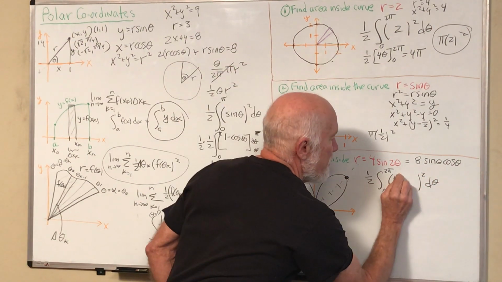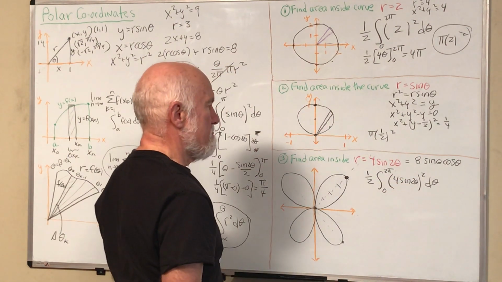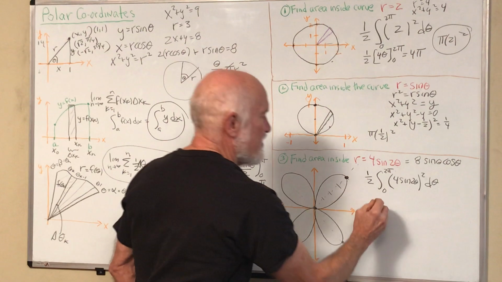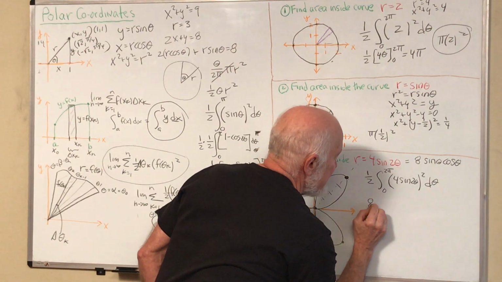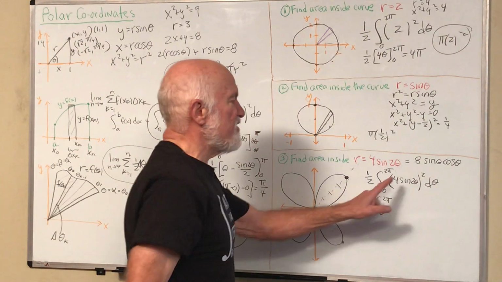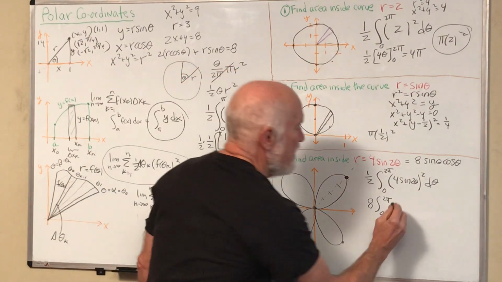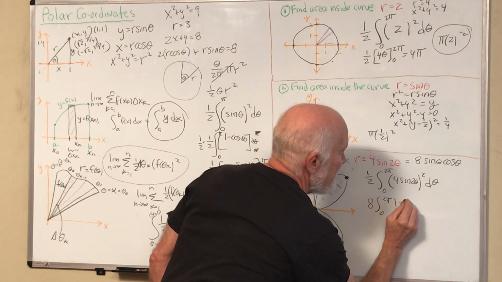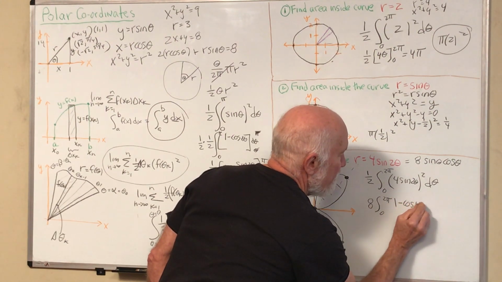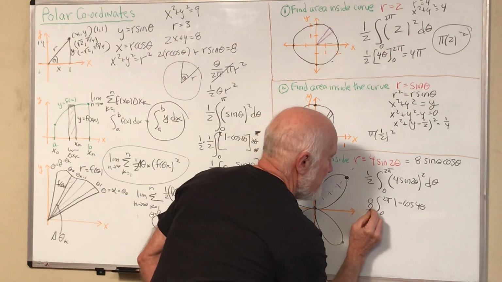So we have 4 sine of 2 theta. So 4 squared is 16, so you have 8. And you have sine squared. So similar, again, we have to go 1 minus the cosine of 4 theta divided by 2.